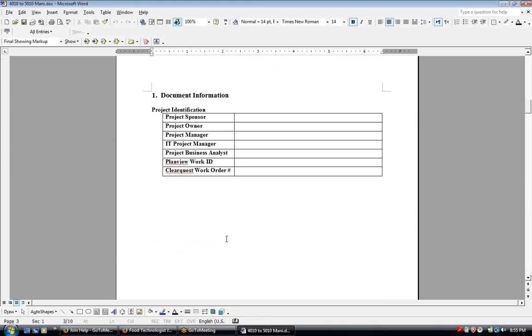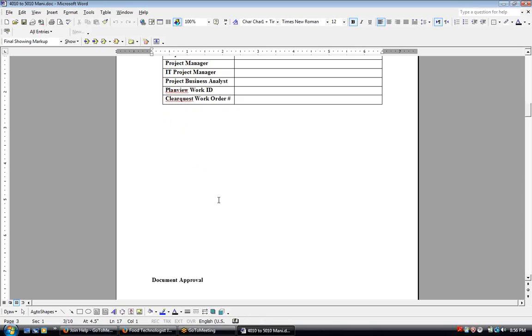And then I have the document information for this particular business requirements document, specifically the project identification: who the sponsor is, who else is working on it, who the project manager is, just in case of who to look for if questions arise.